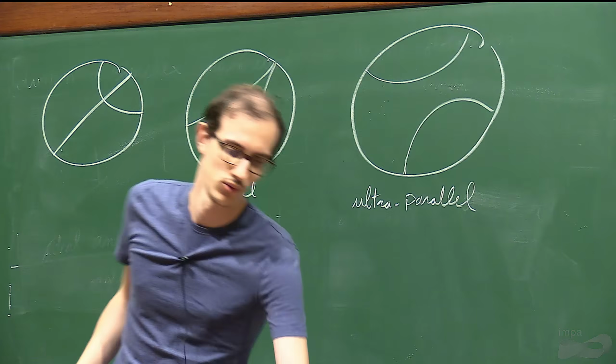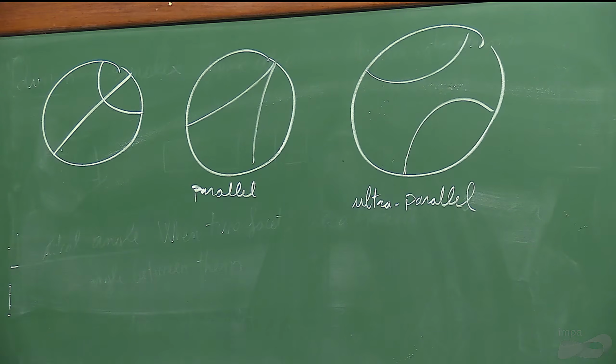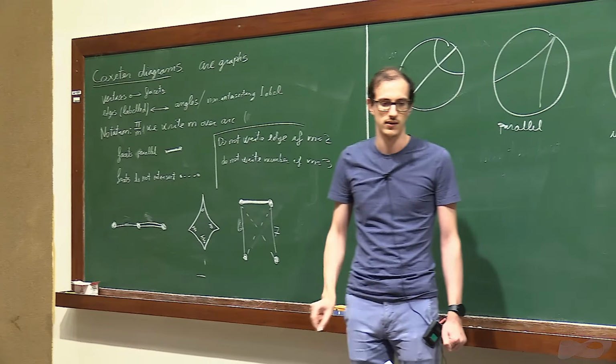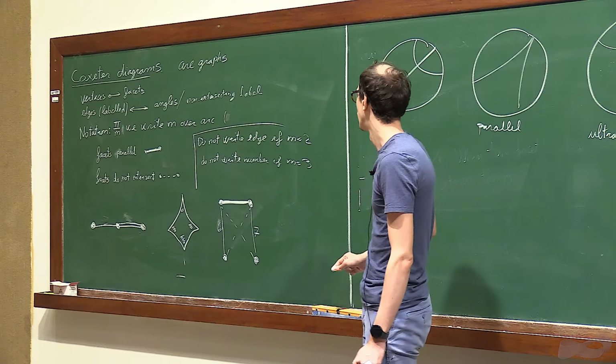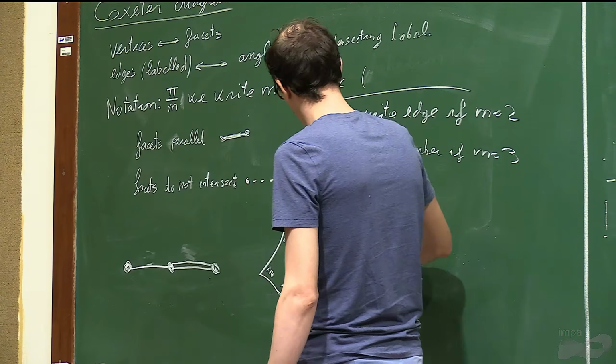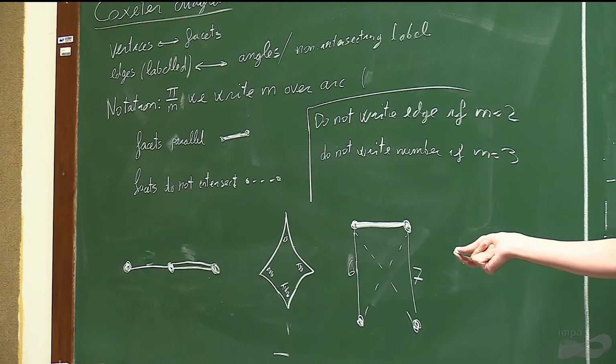So to go back to a question from before, you can read many things from these Coxeter diagrams. Basically, if it exists, you can reconstruct the polytope.